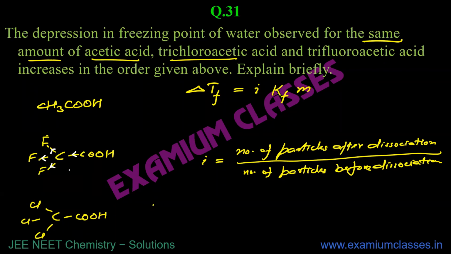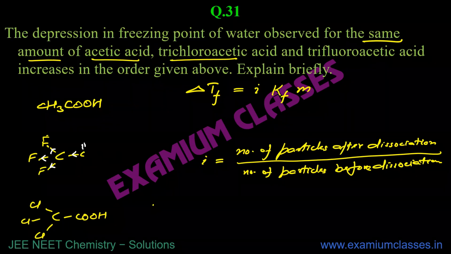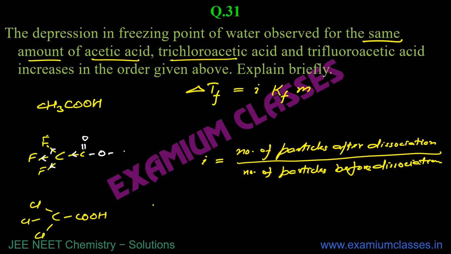Carbon in turn pulls the electron density towards itself. And hence this hydrogen becomes more electropositive because it has lost electron density. The electrons are pulled by fluorines. So now this is more electropositive. In this case, with 3 fluorines here, the hydrogen will become most electropositive.